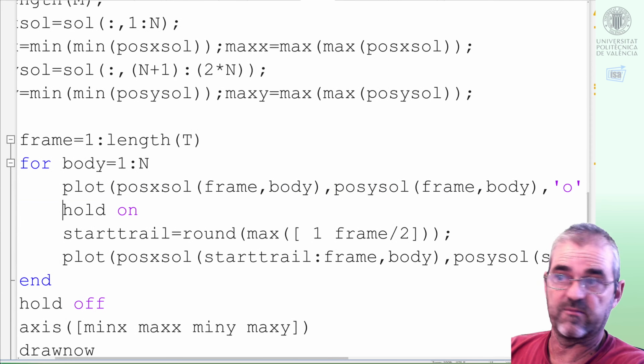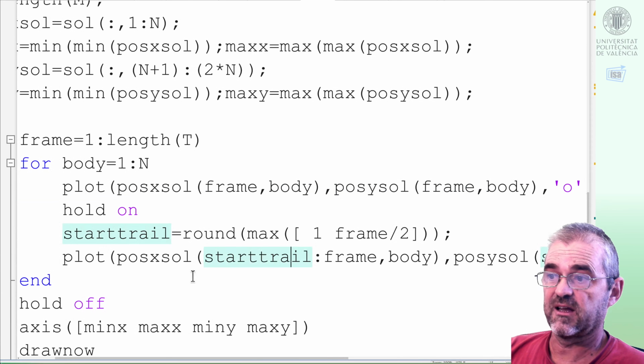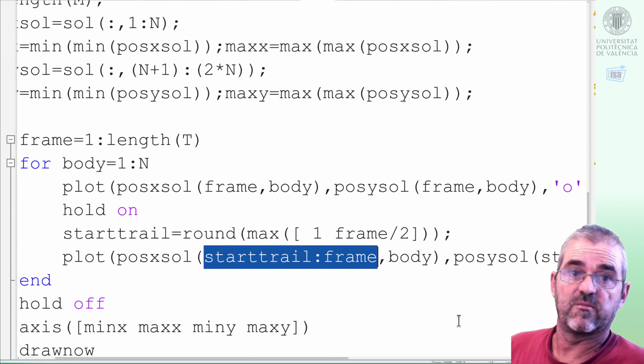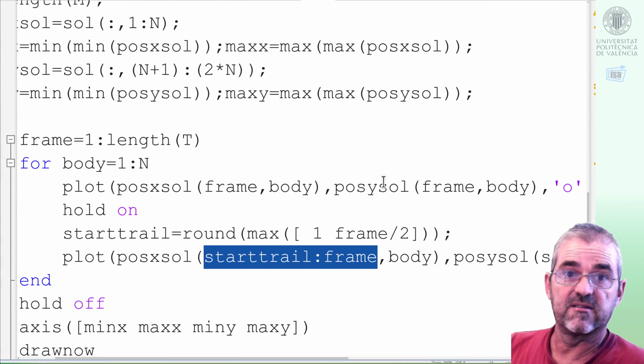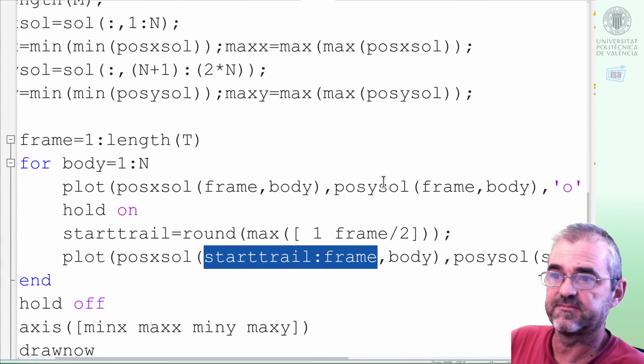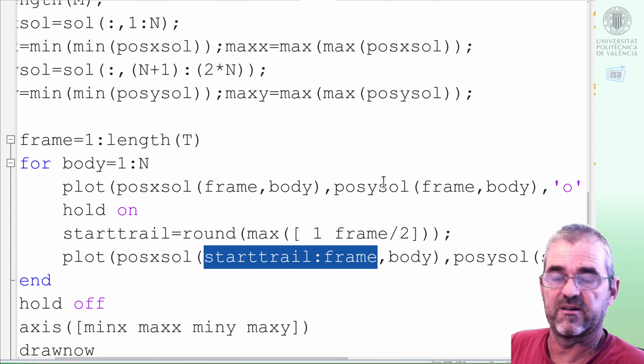I hold on because I am drawing a lot of bodies, and then I also draw a line, not a circle, with the past positions, so that my moving bodies leave a trail, a little wake behind them, so I can better assert and understand how they are moving.